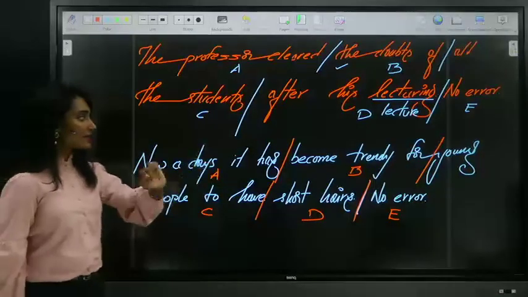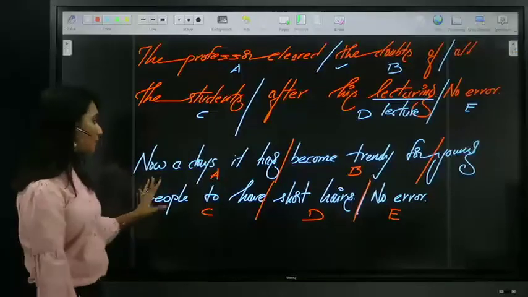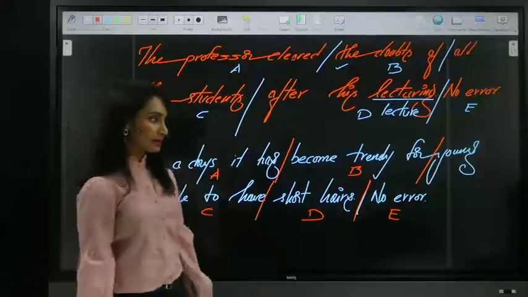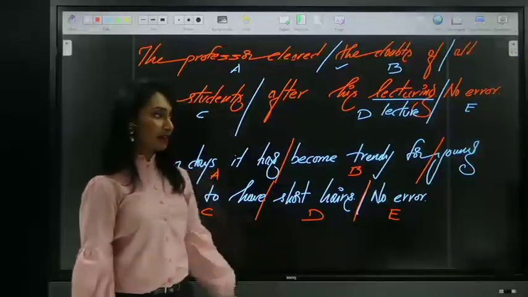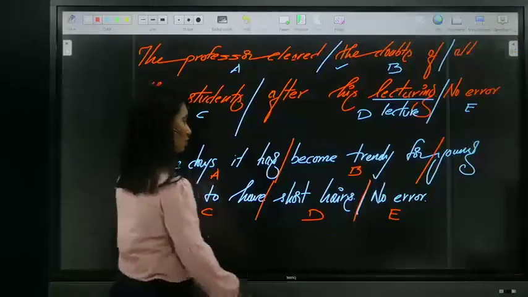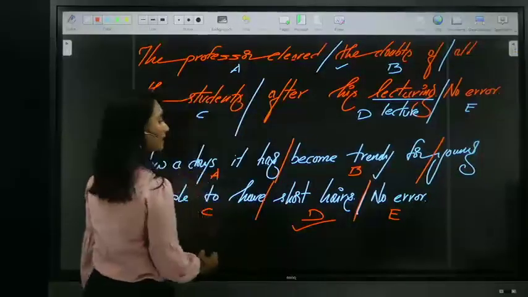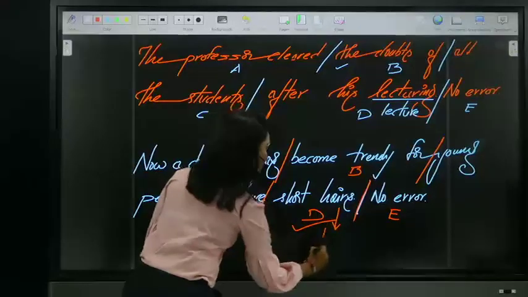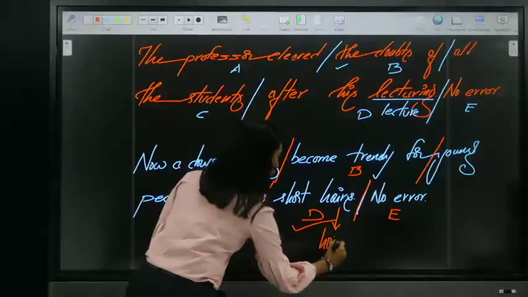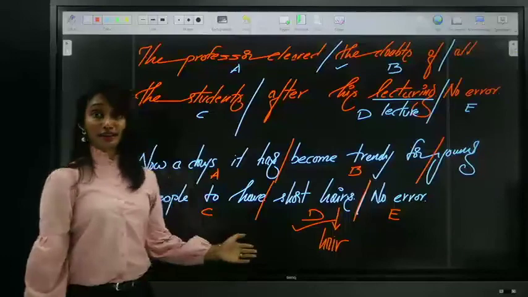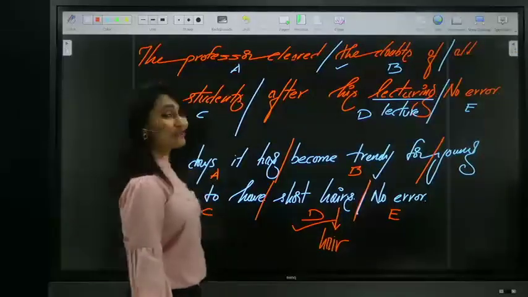What is the error? Good. It is option D, and the error is with hairs. It should be always hair, not hairs. Right, guys? Well done.